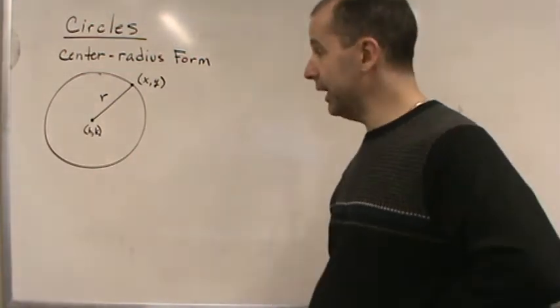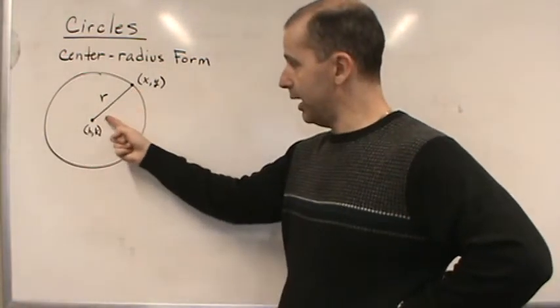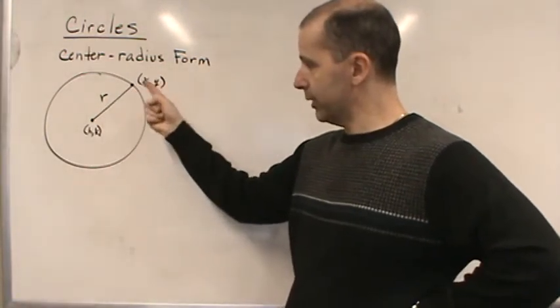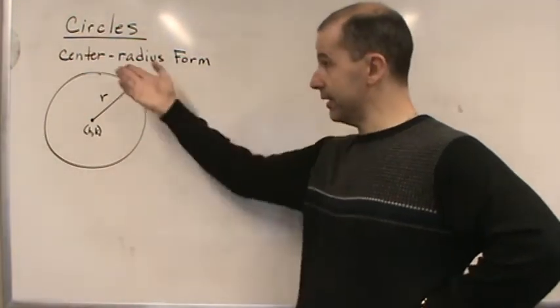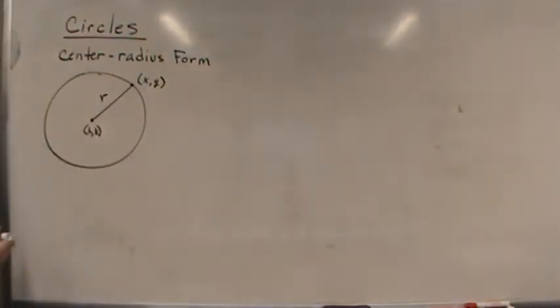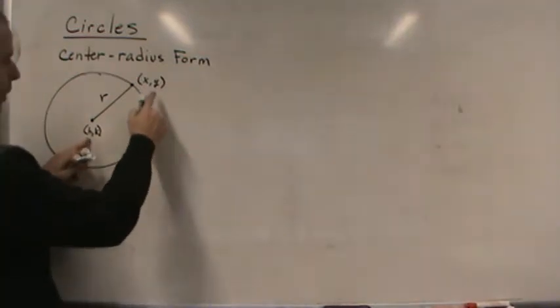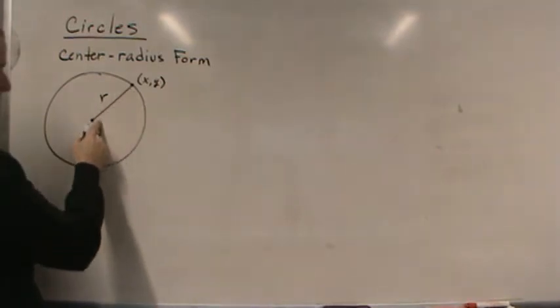Okay, so here we're going to do the same thing. We're going to use the distance formula, taking the distance between these two points, and use it to come up with the center-radius form of the equation of a circle. So let's do that. Here's this point and this point, and we're going to use the distance formula. What's this distance equal to?